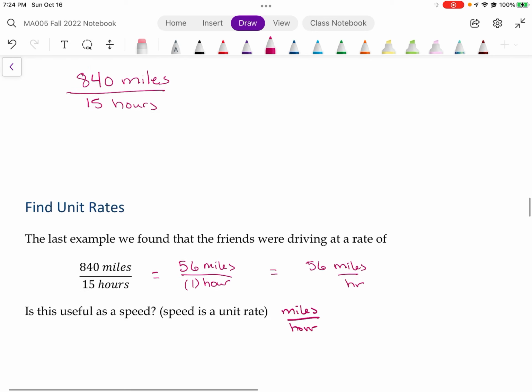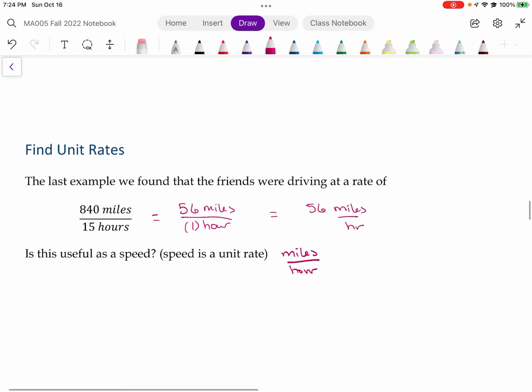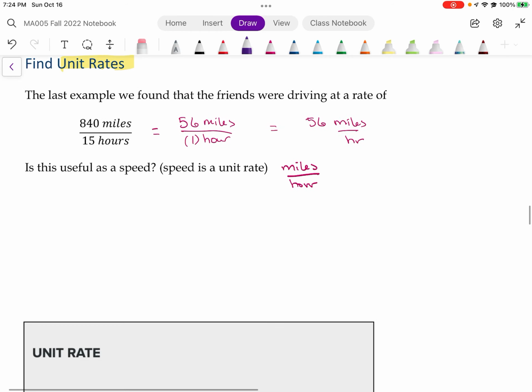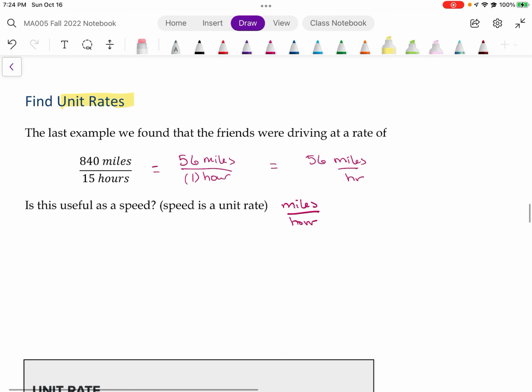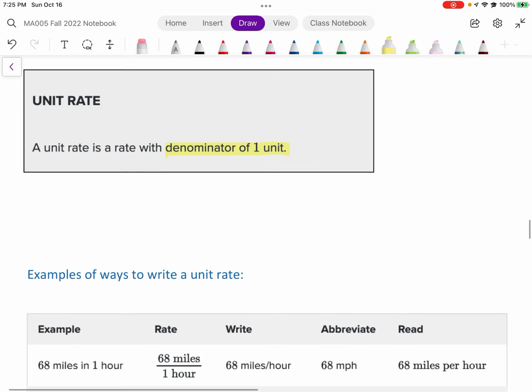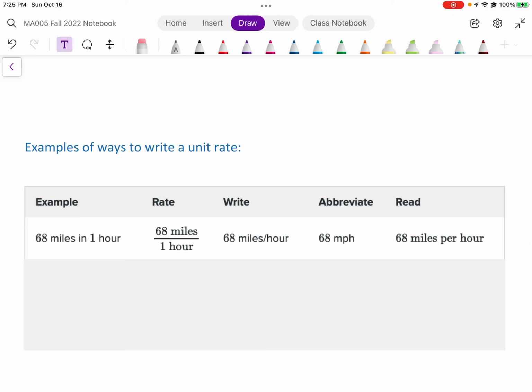All right, so that's how we would convert that into a unit rate, because the unit rate is when the denominator is 1. Okay, so a unit rate is a rate with a denominator of 1 unit. So notice up here when we divided by 15, the bottom became 1. So that's how it works. All right, so some examples of ways to write a unit rate.